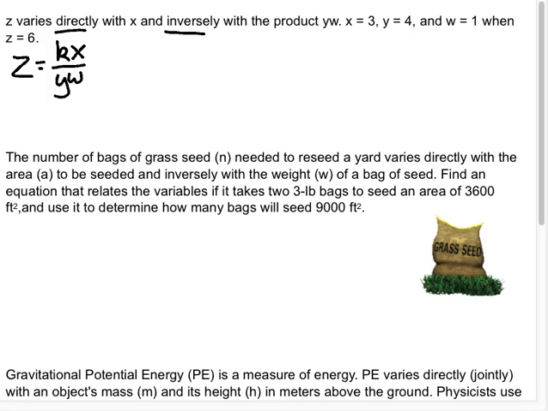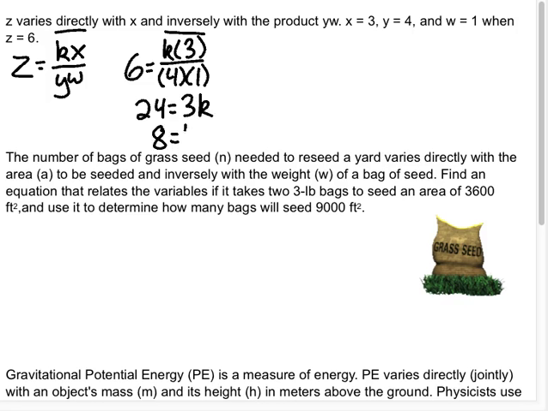And now let's go and see what k is. I'm going to start plugging in all those values. So z is 6, x is 3, y is 4, and w is 1. So I'm going to multiply that 4 over. 6 times 4 gives me 24. Divide by 3.